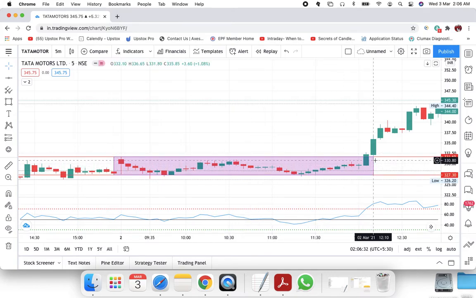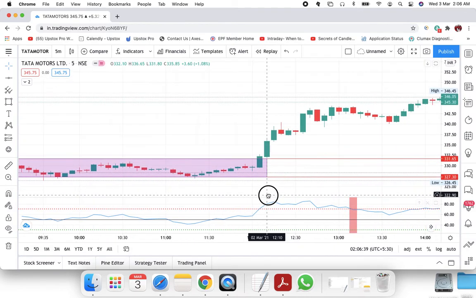The moment it breaks this range, it gives a very nice breakout.